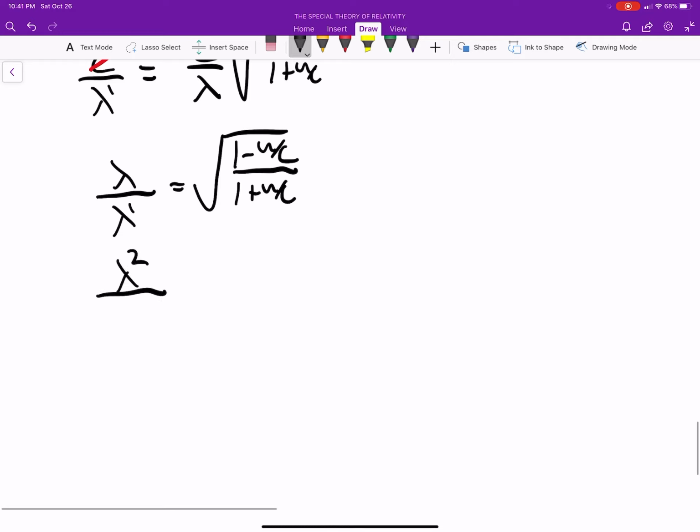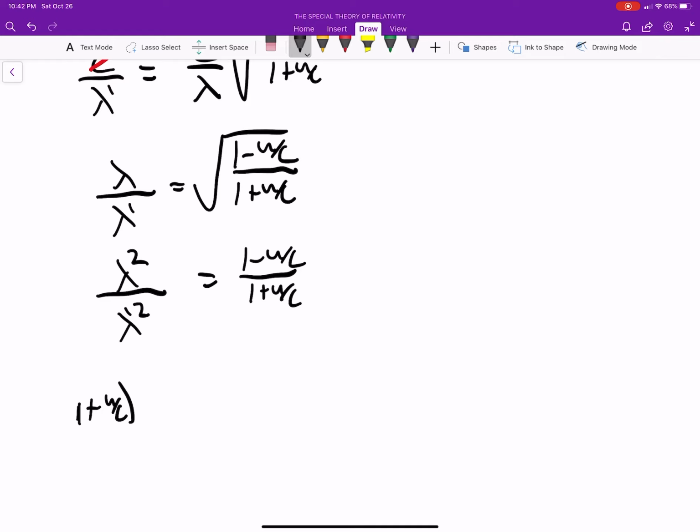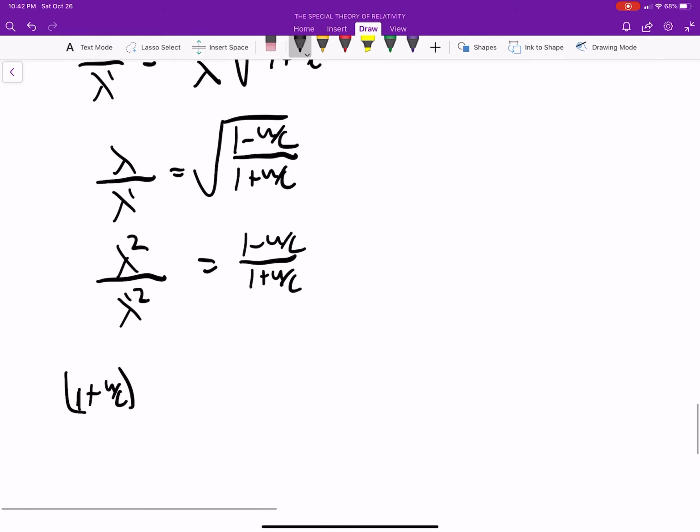lambda squared over lambda prime squared equals 1 minus u over c divided by 1 plus u over c. We have 1 plus u over c times this, which is a number, so lambda squared over lambda prime squared times (1 plus u over c) equals 1 minus u over c.